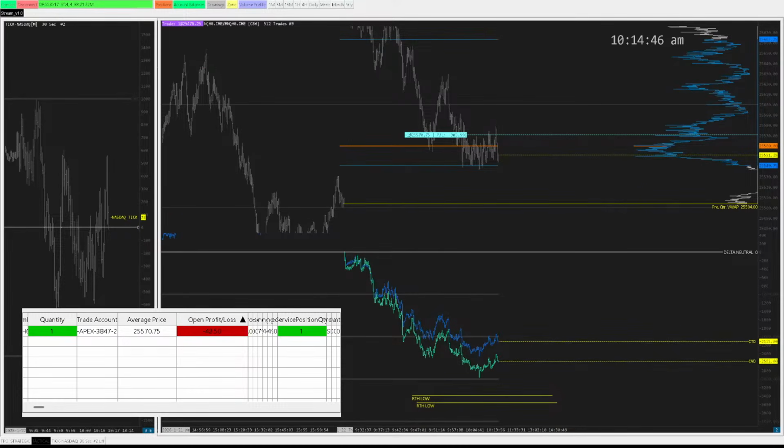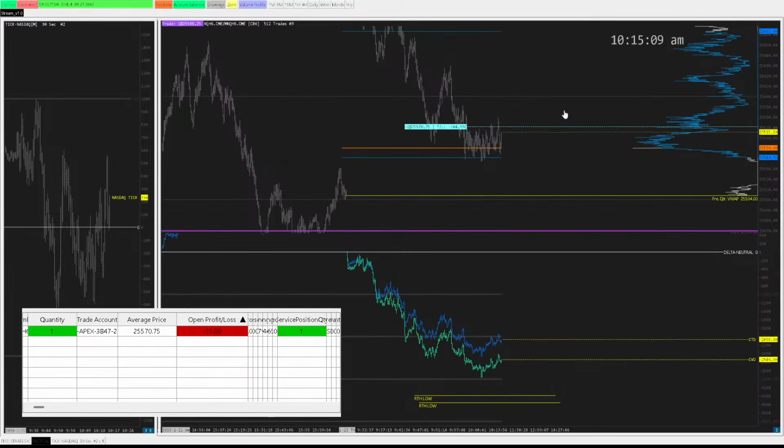I assume that you guys can see that trade position now on the screen. So, I literally just bought 1 micro.